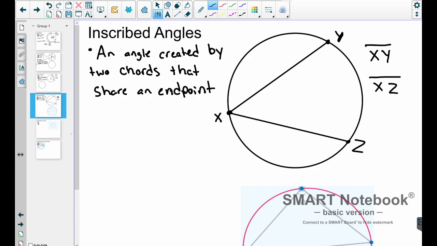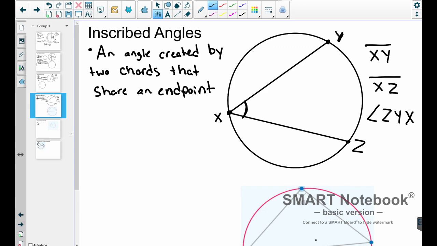And you can look and see that these two chords share an endpoint at X. And that creates angle YXZ. So we have those pieces, not pizzas, although this does look like a piece of pizza. And we can create this angle here known as the inscribed angle.